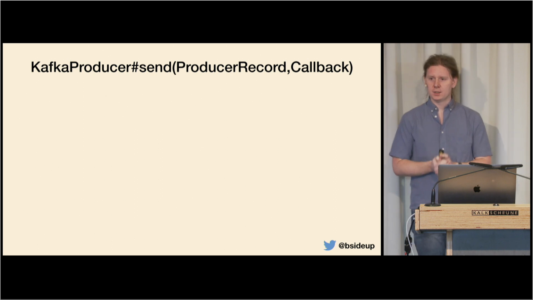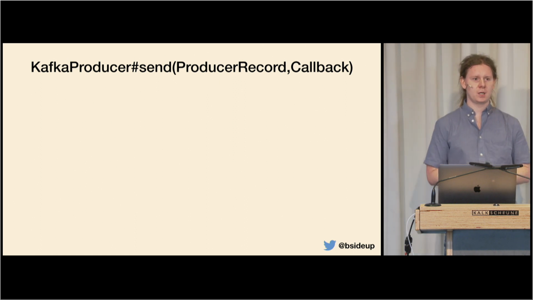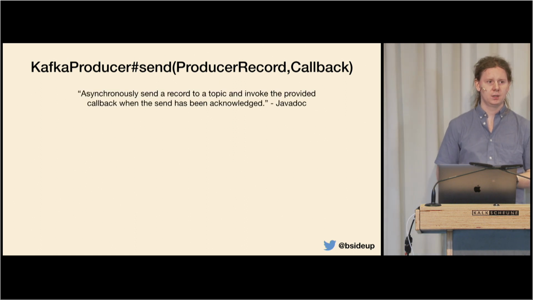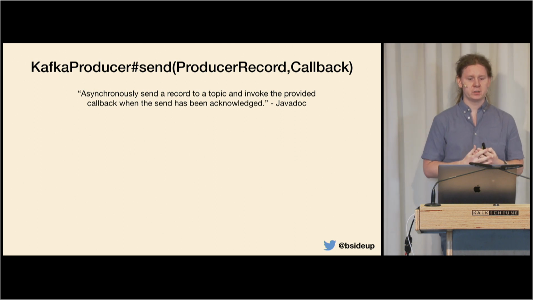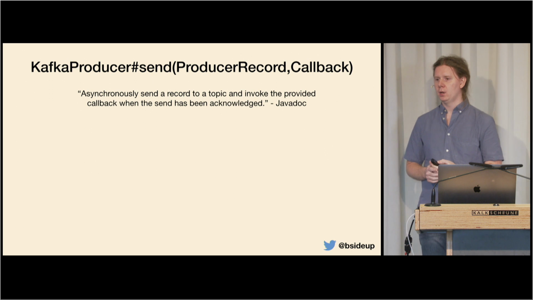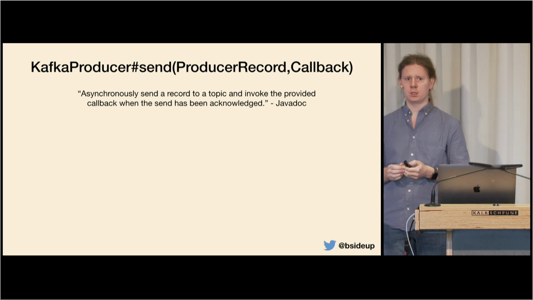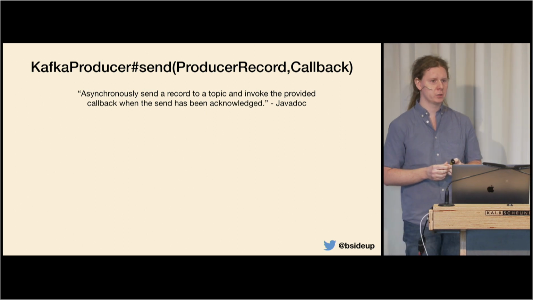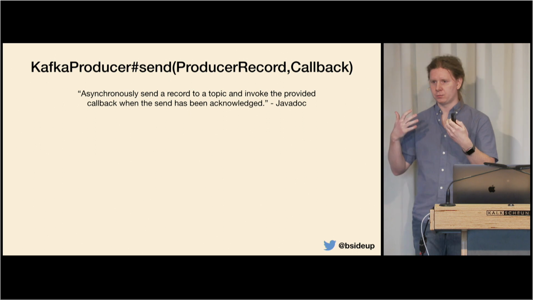Okay, cool. So in Kafka, there is a method to send something asynchronously. So it literally says that it will asynchronously send a record to a topic. So I read it, I think that, okay, I have a callback, maybe I have some Node.js experience or JavaScript experience. Callback means something happens in future and releasing stuff right now.